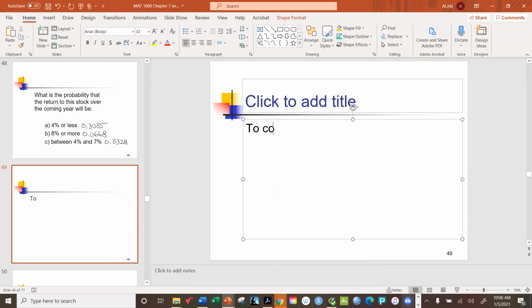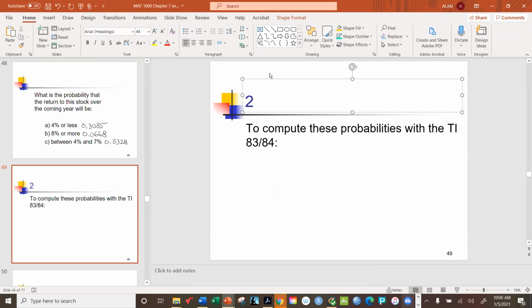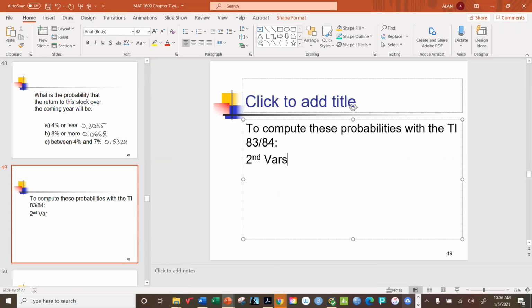Okay, to compute these probabilities with the Texas Instruments 83 or 84, or one of the higher end ones, number one, you have to go to the right menu. So the menu you need is second VARS.